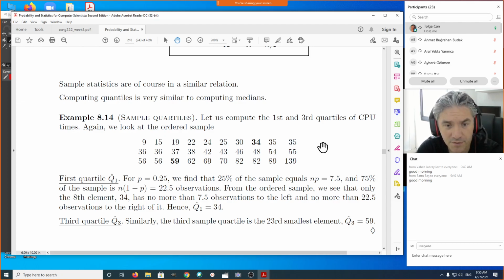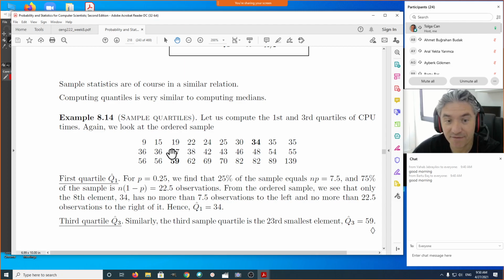And if you do the median, for example, 42 can be a median, not more than 50%. So 50% is exactly 15 elements, right? So to the right of 42, there are 15 elements. It's not more than 15. So 42 qualifies for a median.